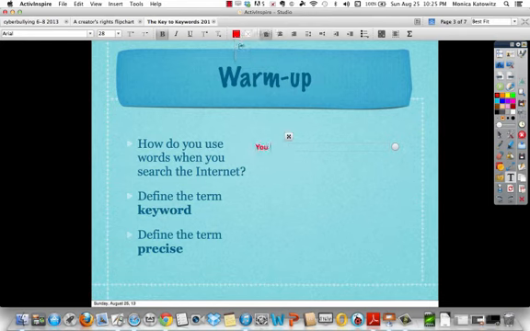You input keywords into a search engine. We're going to define that word, keyword.